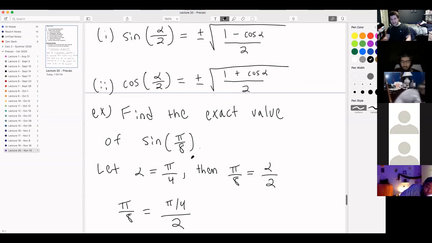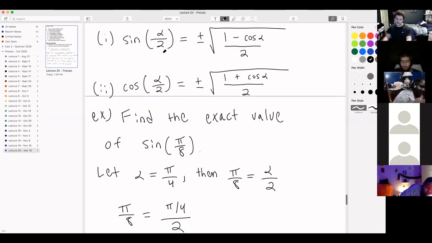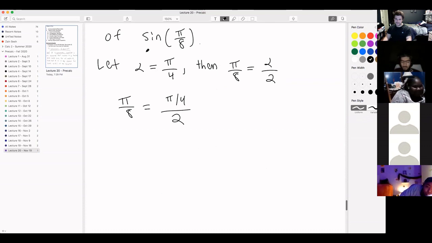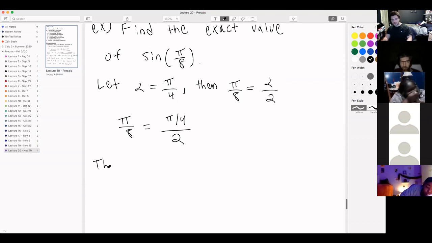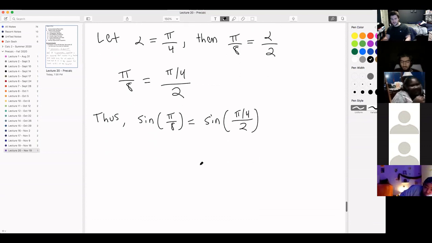And now I'm of the right form to use the trig identity. All right, so let me know if that's okay. Thus, sine of pi over 8 is the same as sine of pi over 4 divided by 2.